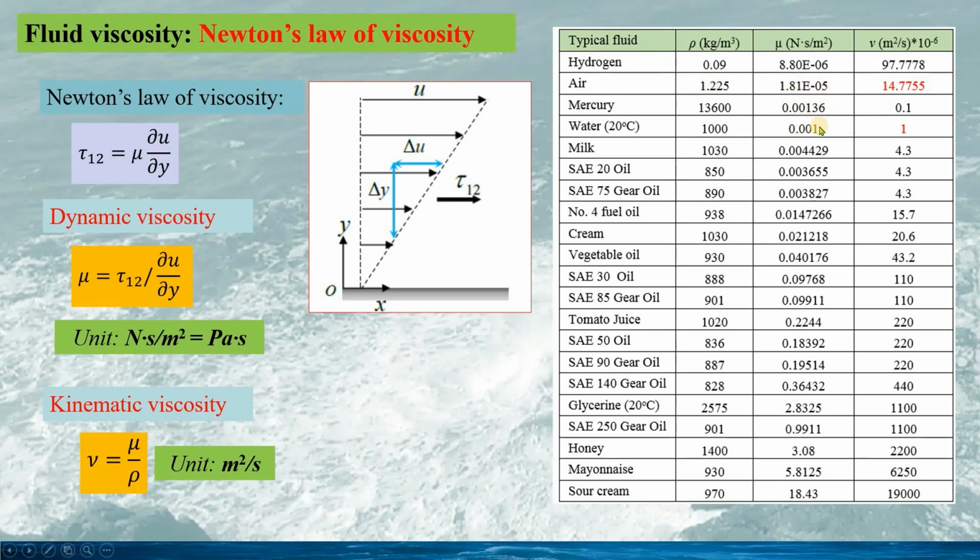It's about 50 times larger. However, the kinematic viscosity of air is 15 times that of water, as can be seen here. And also from this table, we can see some very sticky fluids: honey, mayonnaise, and sour cream. Honey has a viscosity 3,000 times that of water.